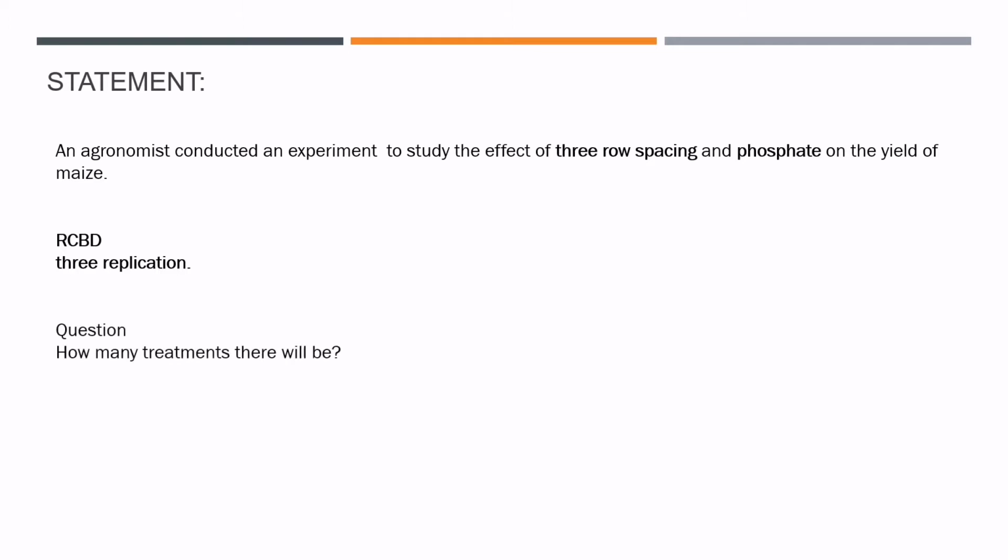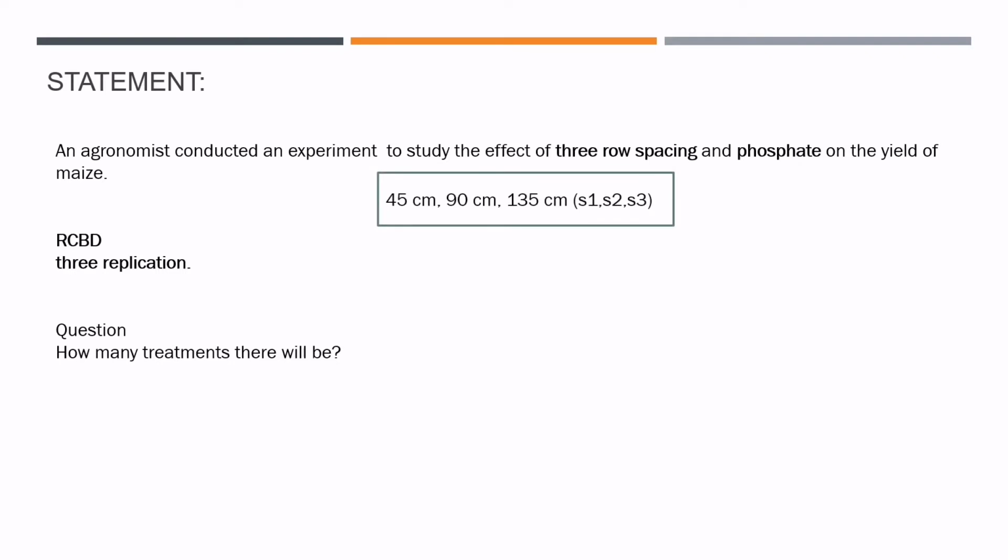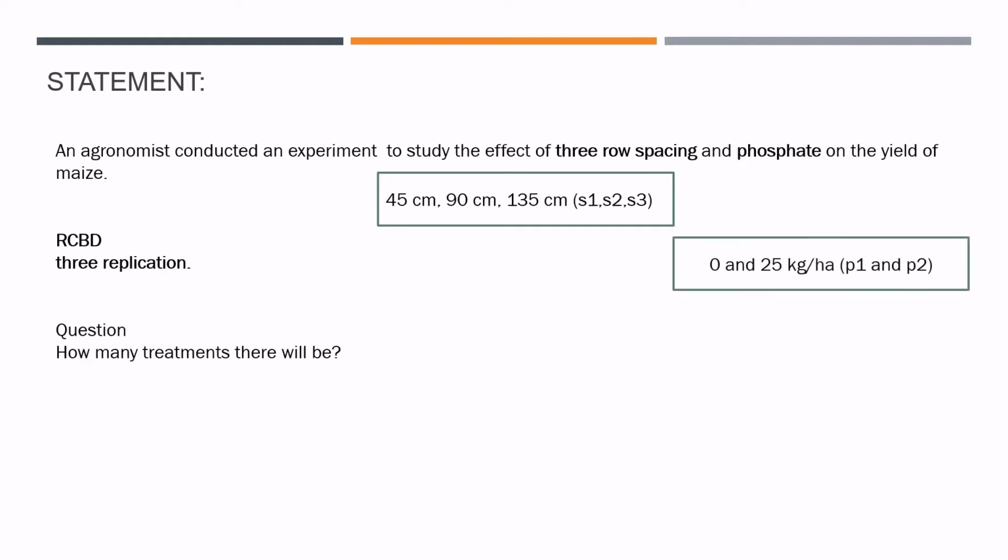From the above statement we can conclude that there are two factors. One is spacing and the other is phosphate. Spacing has three levels: S1, S2 and S3. S1 stands for 45 cm row spacing, S2 stands for 90 cm row spacing, and S3 is for 135 cm row spacing.